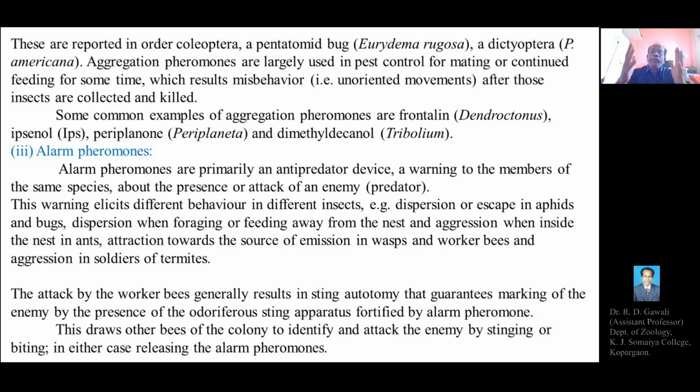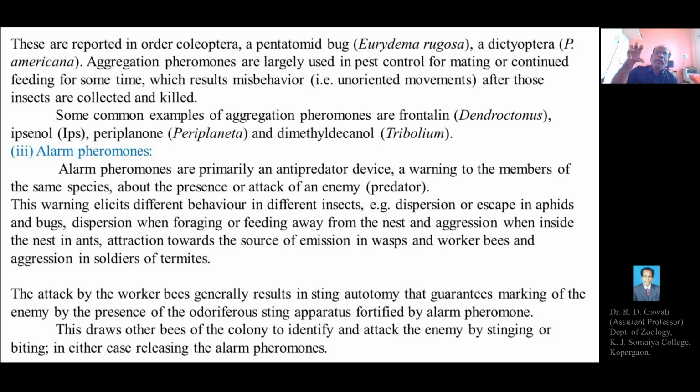And aggression when inside the nest in ants, or attraction towards the source of emission in wasps. So in the case of wasps, the wasps get attracted towards the wasp which has secreted or released the alarm pheromone.